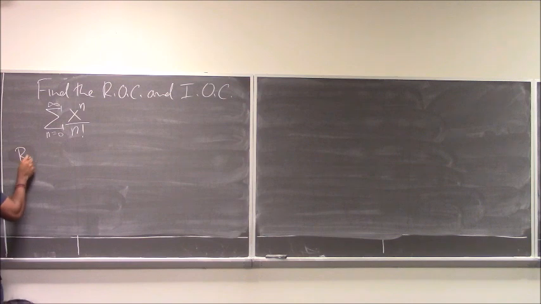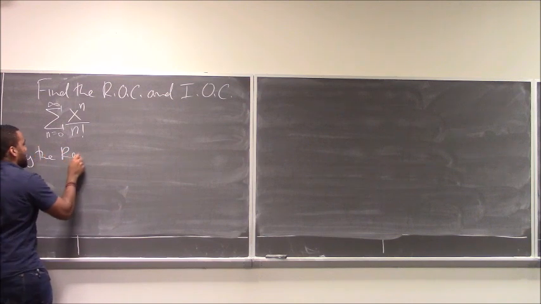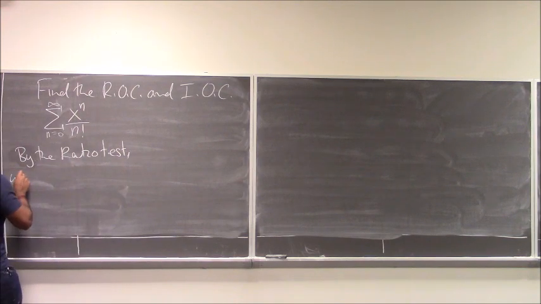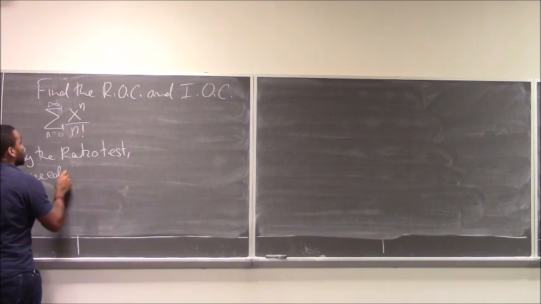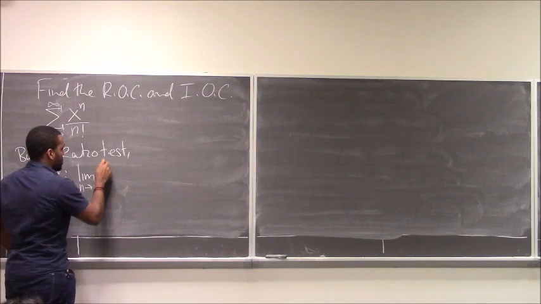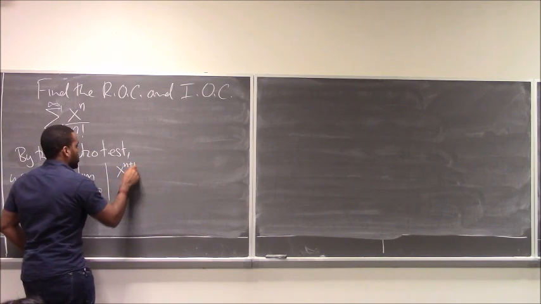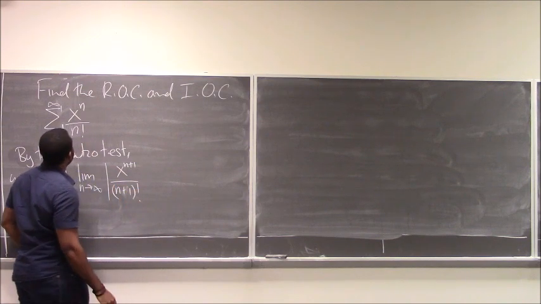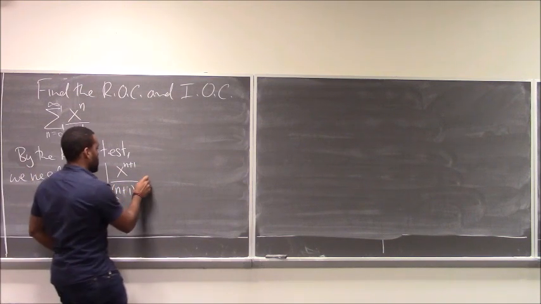So by the ratio test, we want the limit as n approaches infinity of, I'm going to put this to the n plus 1 over n plus 1 factorial, divided by that, which means multiplying by the reciprocal.